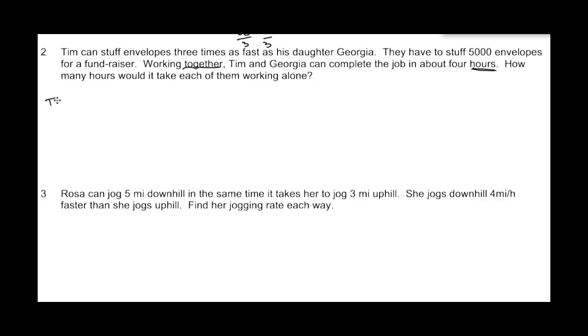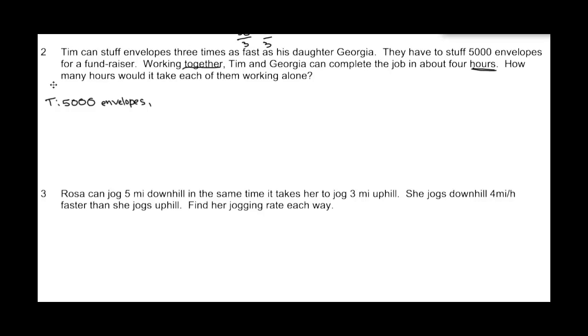So let's write what we know about Tim. Well, we know, like before we were painting one fence, that we're going to have to stuff 5,000 envelopes for a fundraiser. So we're going to see how each of them working alone compares to working together. So if Tim had to stuff 5,000 envelopes by himself, how long would he take? Well, we don't know. They didn't tell us. They just told us that Tim is 3 times as fast as his daughter Georgia.